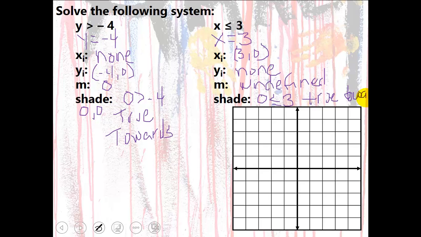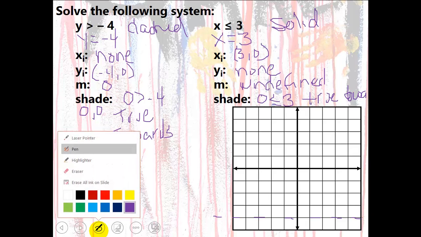Here is y is equal to -4, and I need to use a dashed line here. Here I can use a solid. And I need to shade towards.